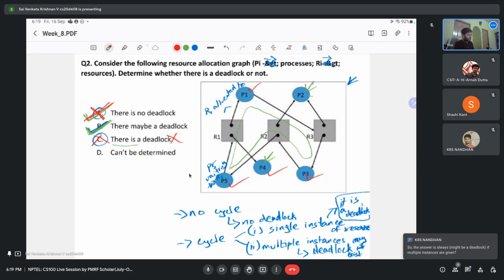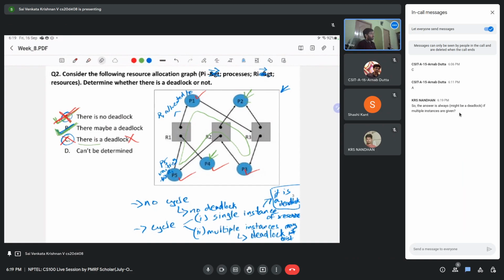right? Yes, there may be a deadlock. That's the correct answer. So, based on the options given and based on the explanation given in class, option B is the safe option.